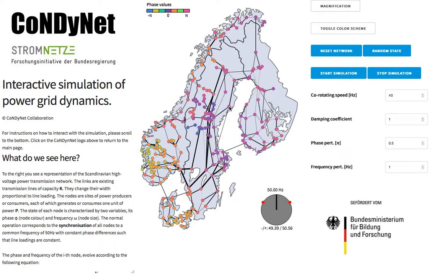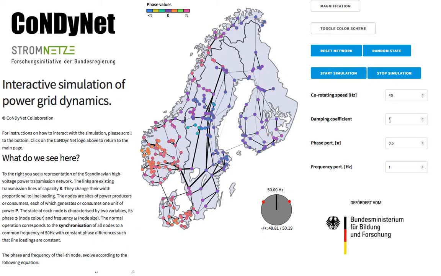However, if you perturb some nodes, you can see that non-local effects do take place. Even though I'm perturbing this node, other lines far away from it might start fluctuating as well.